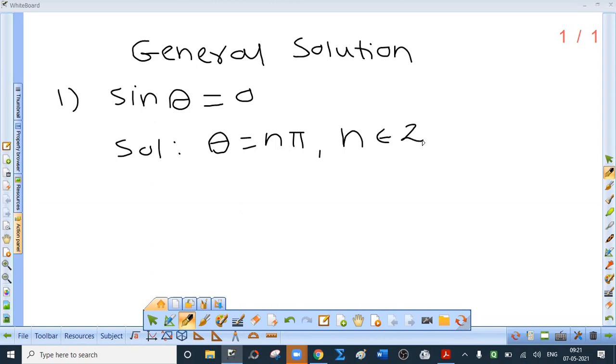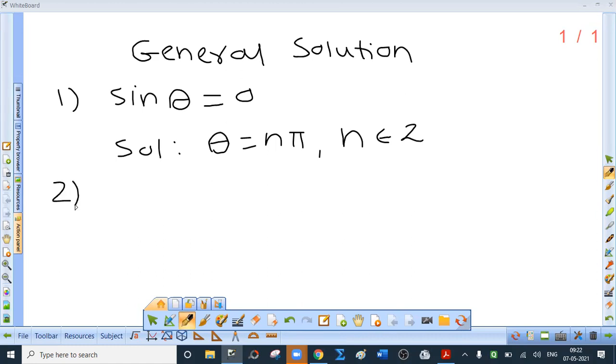Initially I have told you that n is an integer. So assign any integral value to n: minus 4, minus 3, minus 2, minus 1, 0, 1, 2, 3, 4. You will notice that sine theta for that case is always 0. And therefore, the general solution of sine theta equal to 0 is theta equal to n pi, where n is an integer.